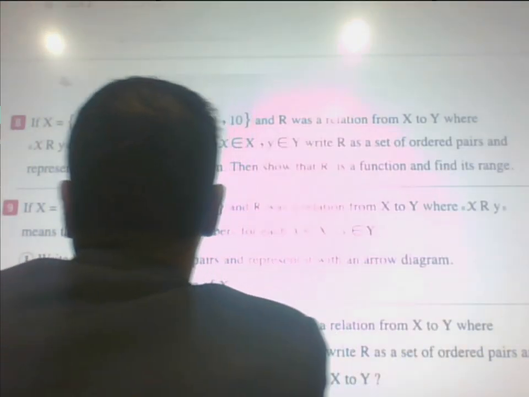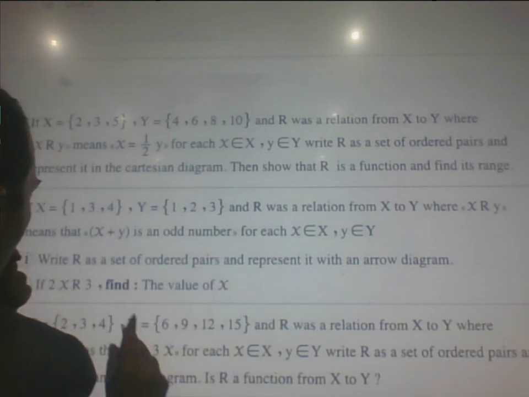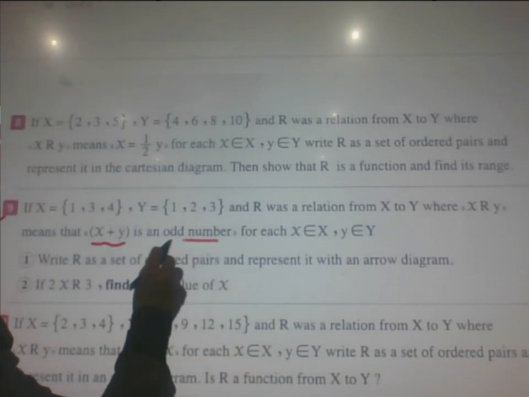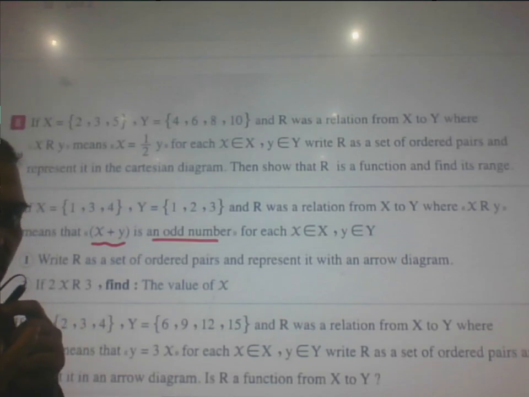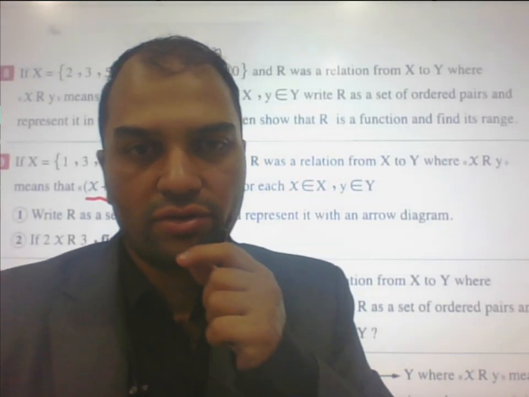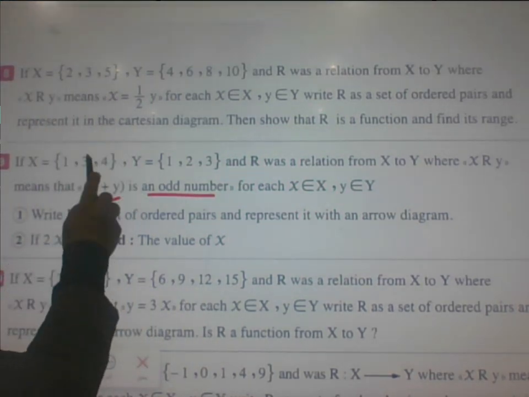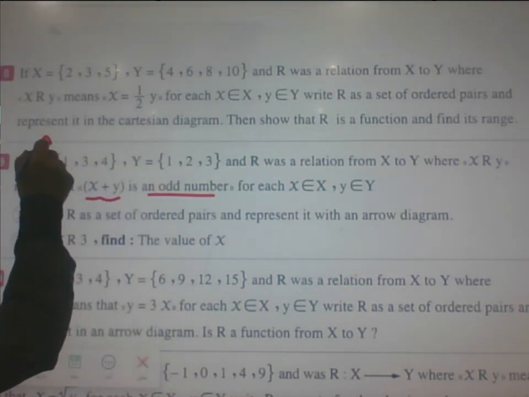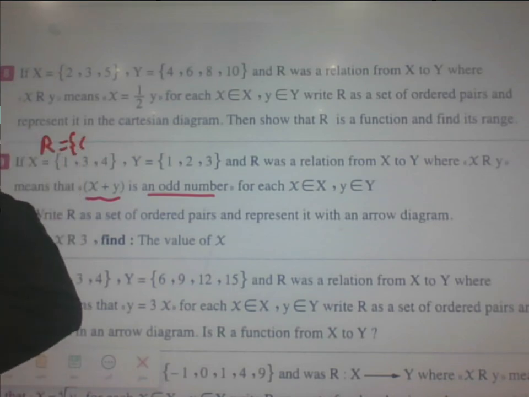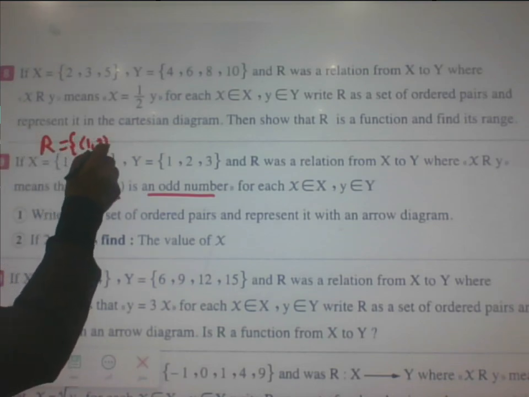Next question, number 9. We have X and Y. The relation between X and Y means X plus Y is an odd number. Odd numbers like 1, 3, 5, we call odd numbers, okay? You can collect 1 plus 1, 2, 1 plus 2, 3. Then the relation, we can add 1 with 2.